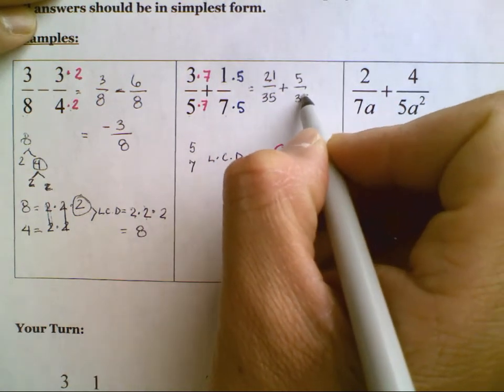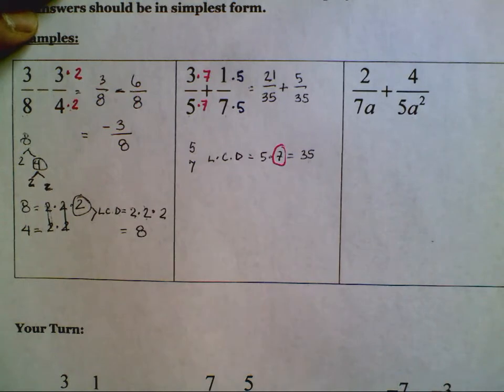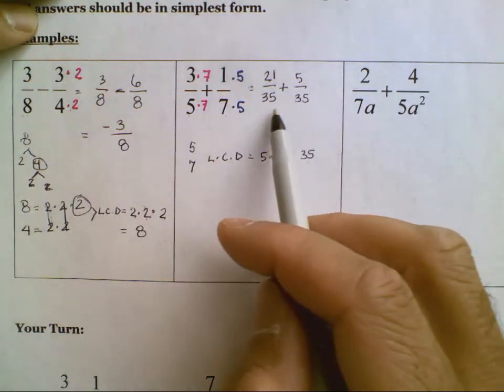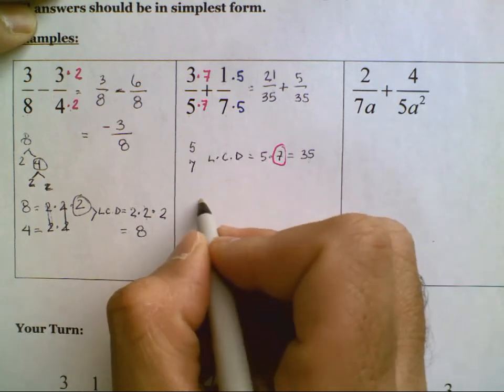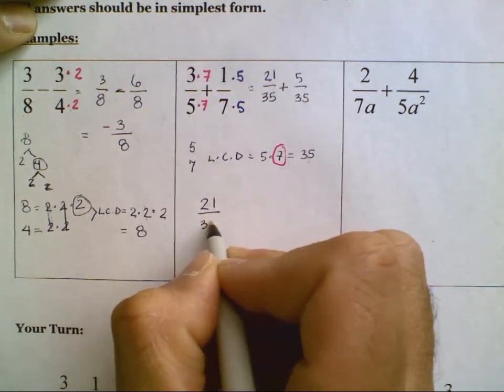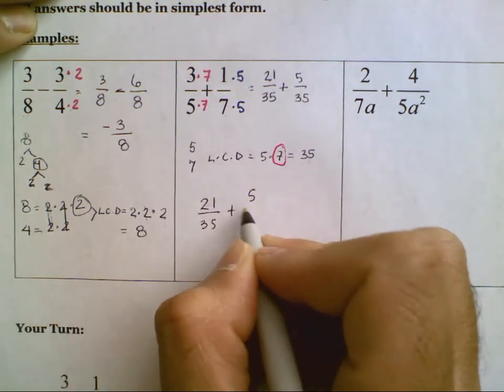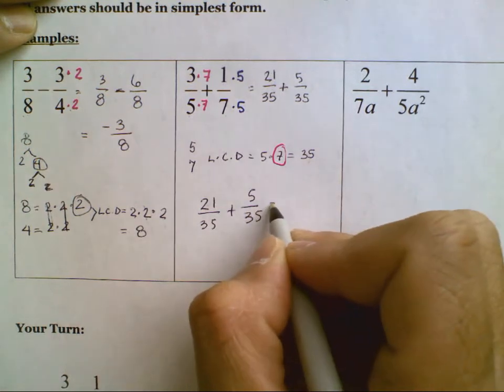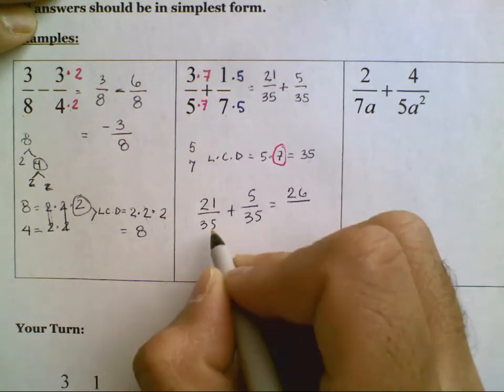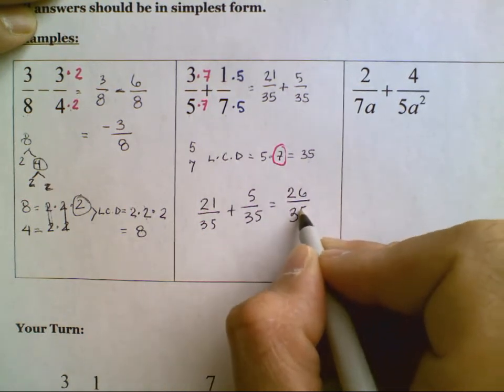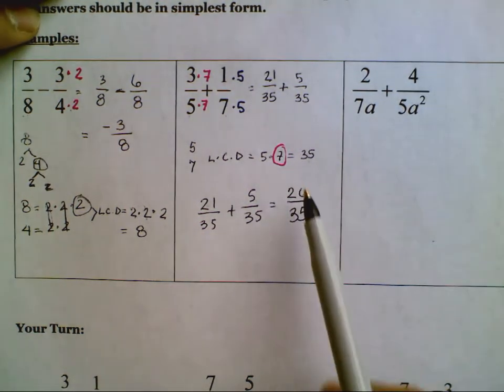Now you have the addition of two fractions with the same denominator. So I'm going to do it here, we have plenty of space. 21 over 35 plus 5 over 35 is equal to 21 plus 5, which is 26 over 35, where we just copy the denominator, and that would be my solution.